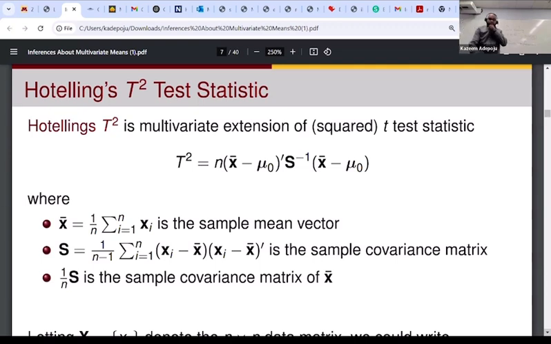Now, mu naught will be the hypothesized value, the claim of the school about the performance. Does that make sense? And of course, S is the sample covariance. So this is the formula for the mean, and this is the formula for the sample covariance. Is there any question?